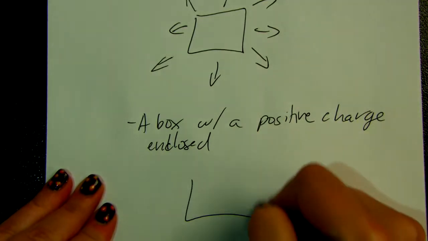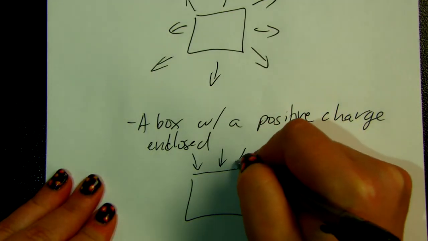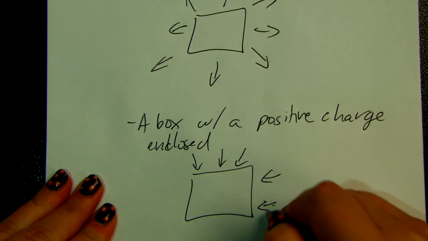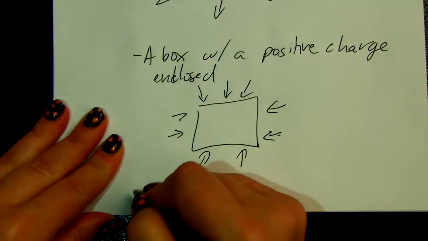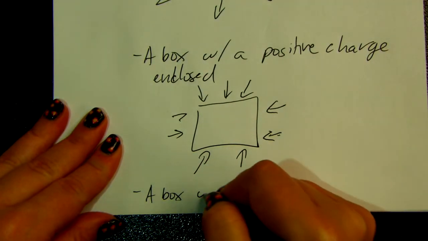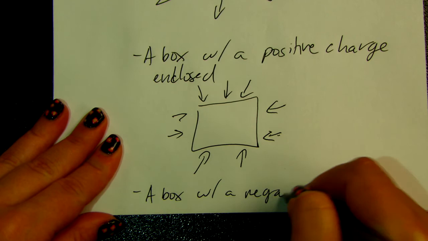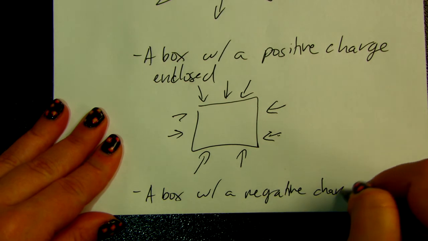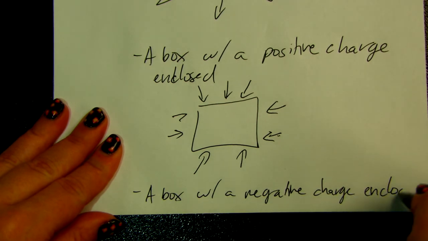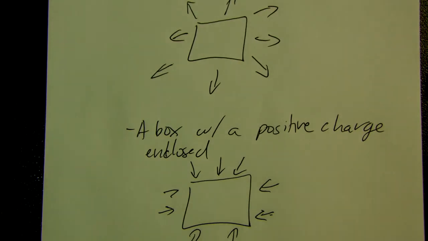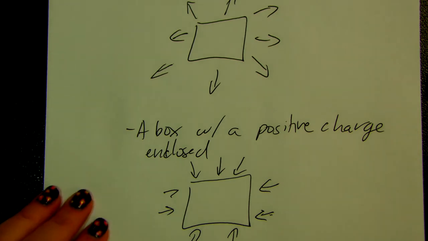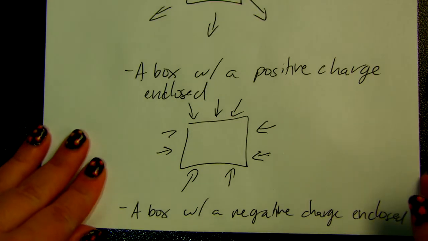And then this would be a box where we've got fields pointing in. This is a box with a negative charge enclosed. Both of these boxes have something in common in that they do have a charge inside, and the field lines are telling us whether it's a positive charge or a negative charge.